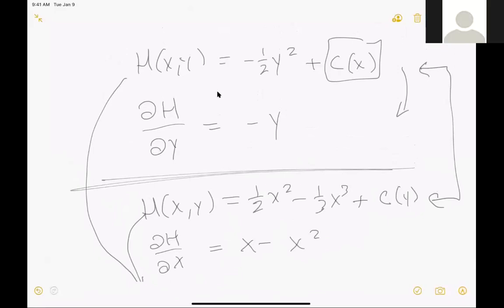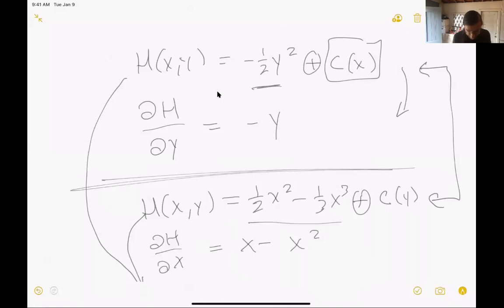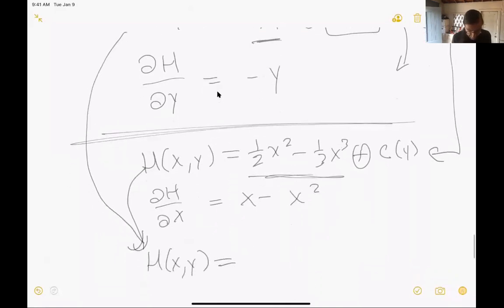It seems like the only two combining possibilities you could do are multiplication and addition. And if you do multiplication, it messes everything up. Yeah, that's right. Well, I mean, we already know there's a plus and a plus, right? So the y part of it is minus 1/2 y squared, and the x part of it is 1/2 x squared minus 1/3 x cubed.